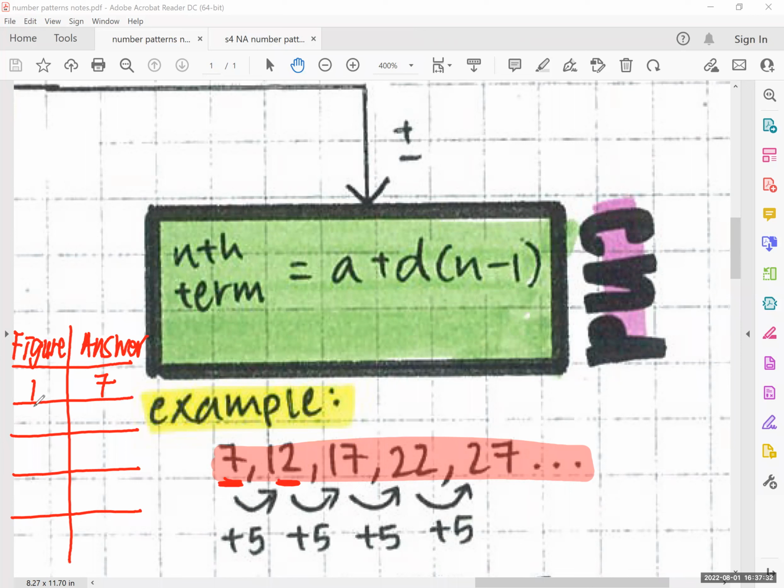The second term, 2, the answer is 12. Third term, 3, the answer is 17. Fourth term, 4, the answer is 22. And the fifth term, 5, the answer is 27, and so on and so forth. Got it? Okay, write it down. Let me know when you're done.